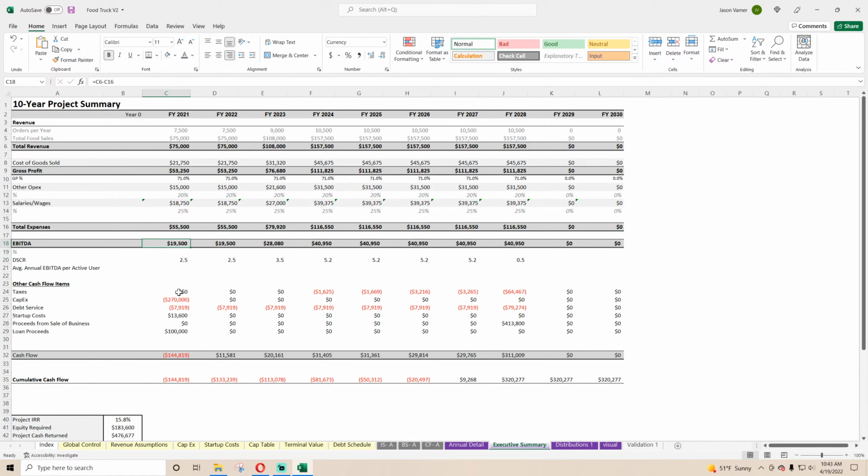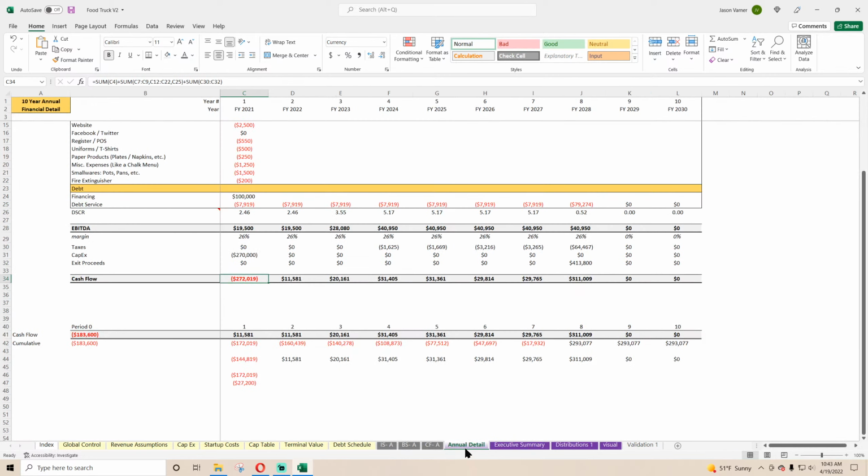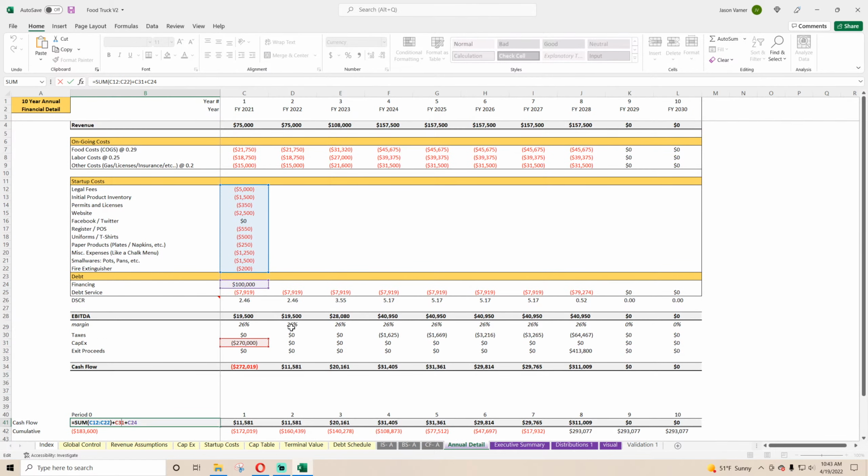So we've got EBITDA, CapEx, debt service, startup costs. This is 144. CapEx, financing, startup costs. Am I double counting anything? There's that. Nope.